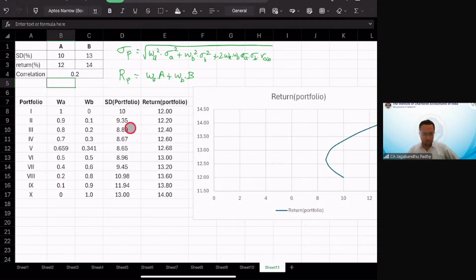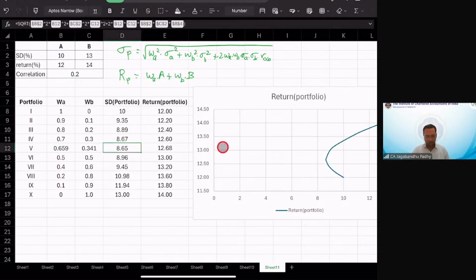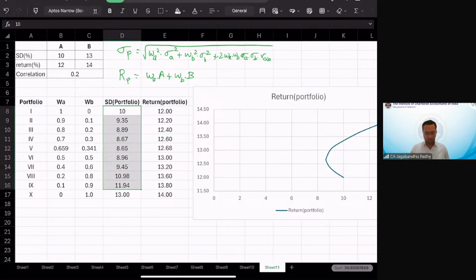Now, if I ask you, in this entire set of portfolios, looking at the standard deviation and return of the portfolio, a rational investor will not be investing in certain portfolios.